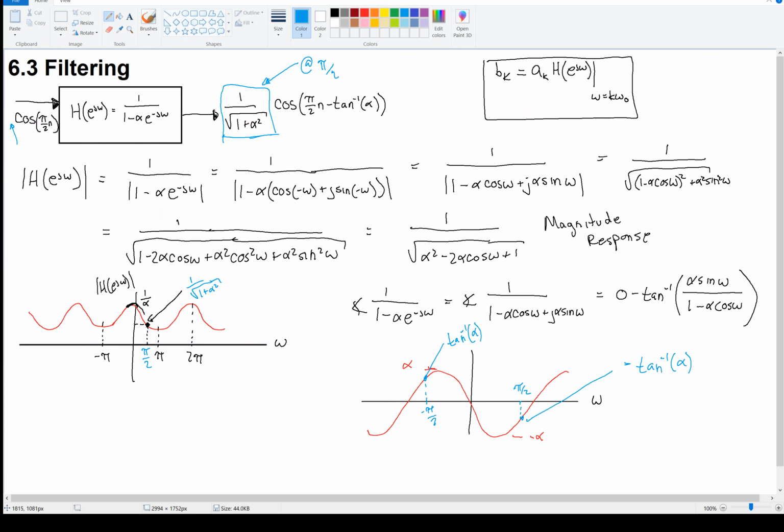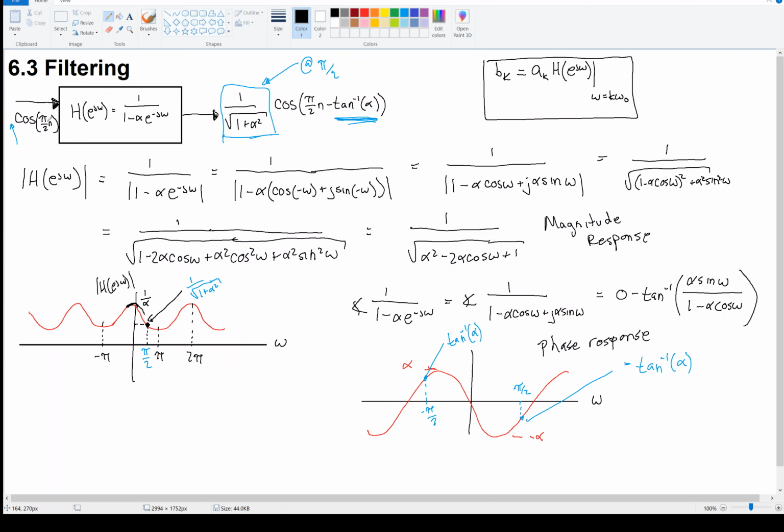So what is that telling us? Well, it's no coincidence. That's what we get here, the output. So the phase we get is, actually, let me back up. This thing is called the phase response. So the phase that we get out at the output is the phase response evaluated at the frequency that we're putting in.